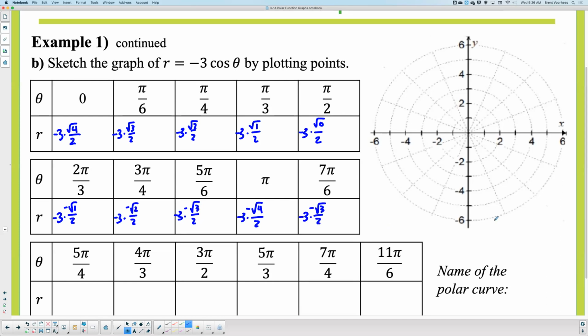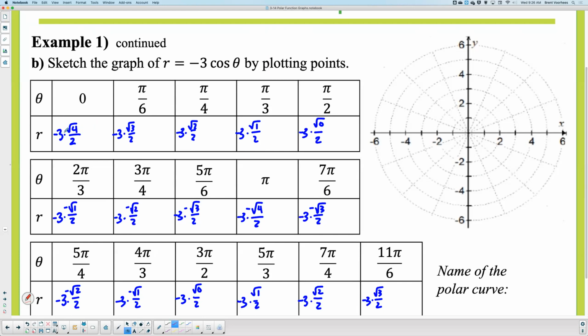Yeah. Pretty tedious. Where am I at? Negative square root 2 over 2. Almost there. Okay. And so we're going to plot all these points and see what we come up with.